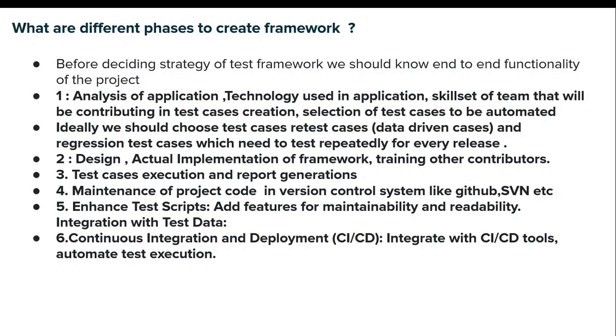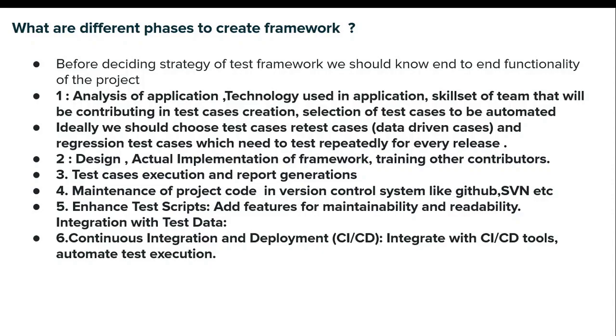The next step is, what are the different phases to create the framework? Before creating the framework, we have to decide the strategy of the test framework. The most important part is, as an automation tester, first we should know the end-to-end functionality of the project or application.